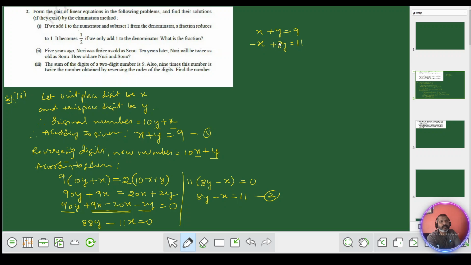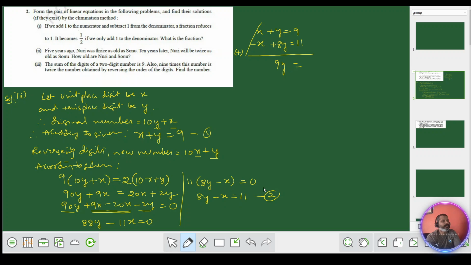If no sign is present for any term, it will be plus. The x terms have different signs, so we add them, and they cancel. Then y plus 8y is 9y.